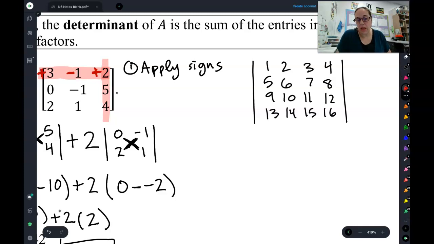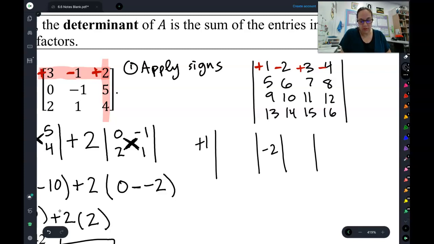We would still apply the signs to our first row, and then we would still separate it out. And then we would still cancel our rows and columns.